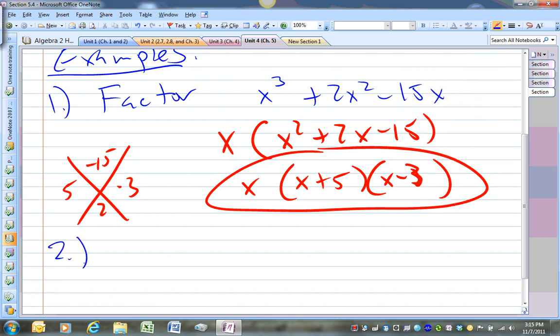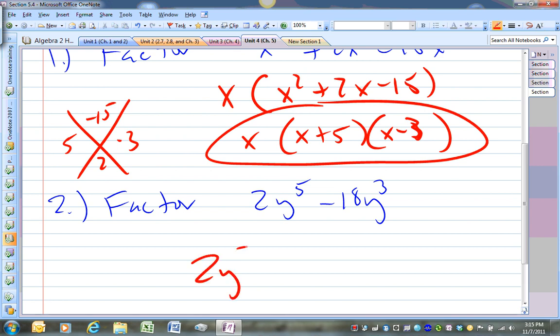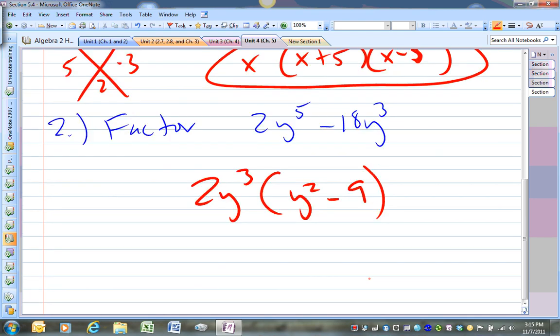Number 2, let's say I ask you to factor the following. 2y to the 5th minus 18y cubed. And of course, if you haven't noticed, we're dealing with polynomial expressions and equations. So in this case, you want to find the common term again, which is 2y cubed. You get y squared minus 9. Am I done? I'm not. You got to keep going.